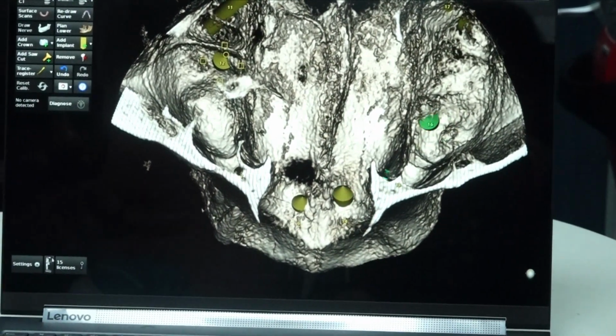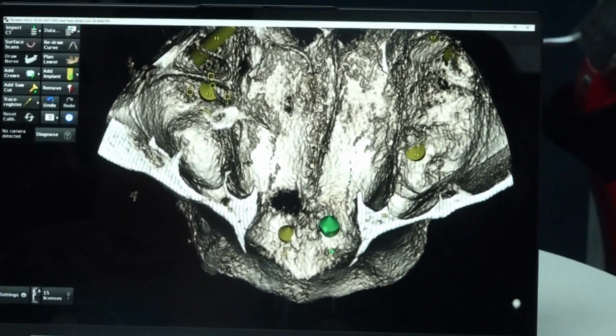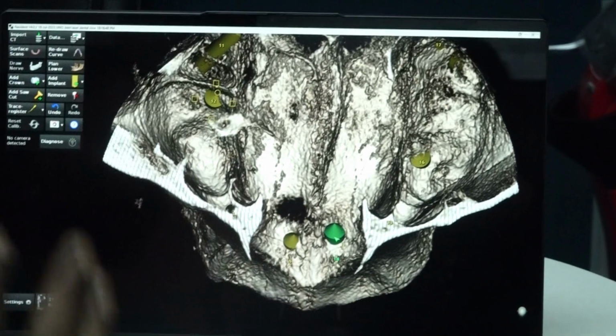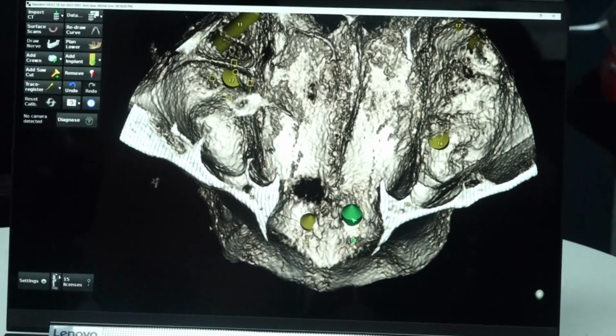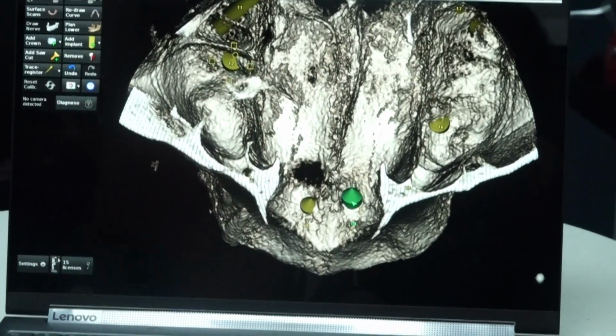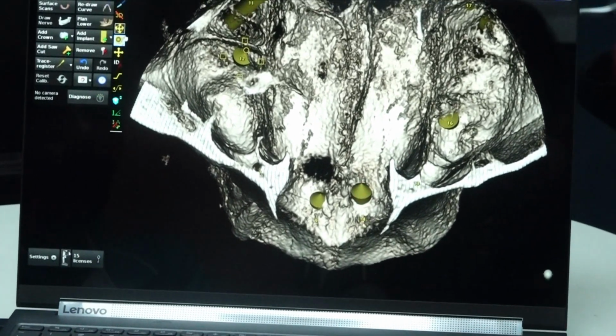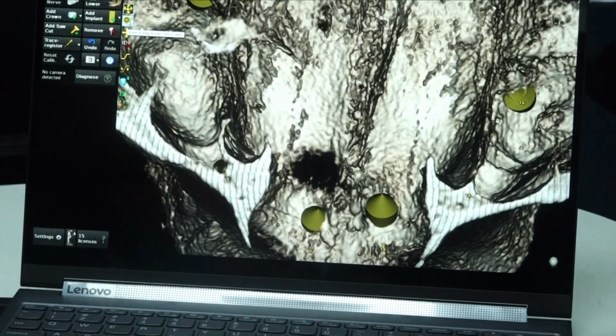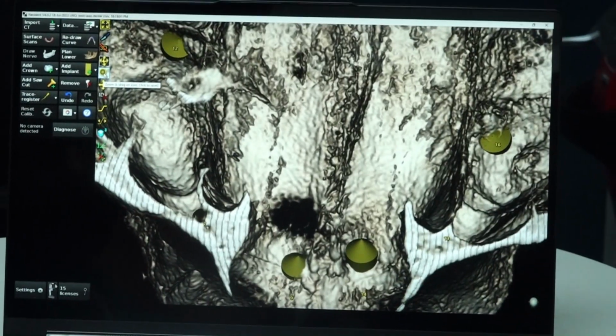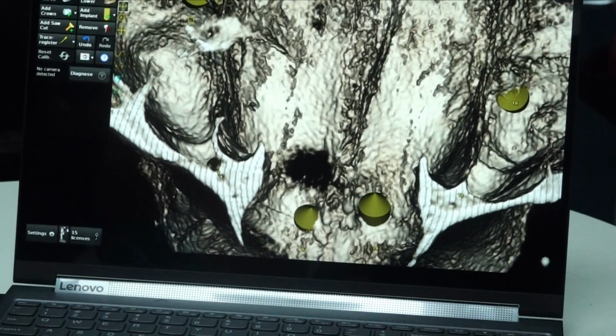In this designing software, it shows not very much tapered, but the real implant will be very much tapered. So the inter-implant distance will be much safer than it actually looks here. The implant tip will be less thick than what this software shows. So all these factors we have to keep in mind.